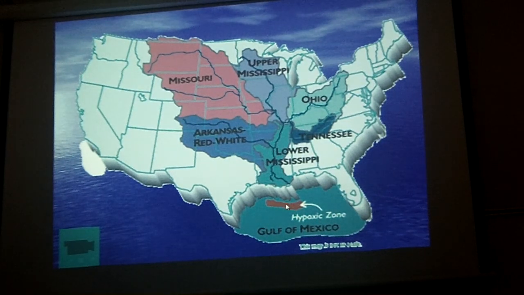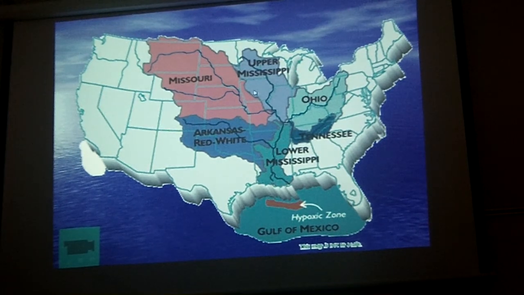And the reason why it's right there is because these rivers, the Mississippi River and the Ohio River and all these rivers all feed down here and come out there. The water comes out right here in the Gulf of Mexico.